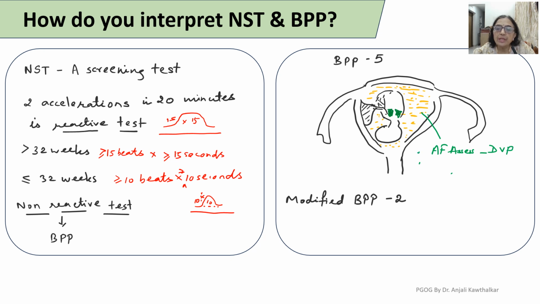Second component is fetal heart rate acceleration with movement, that means NST is a part of that. Third is fetal breathing movements, these are the lungs. Fourth is fetal tone. And last is fetal body movements.